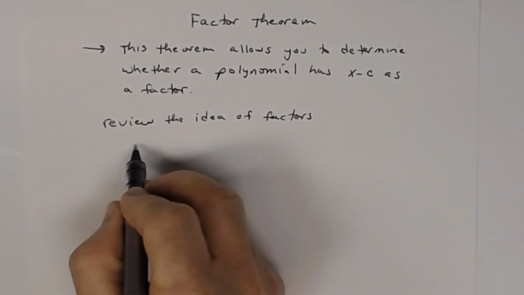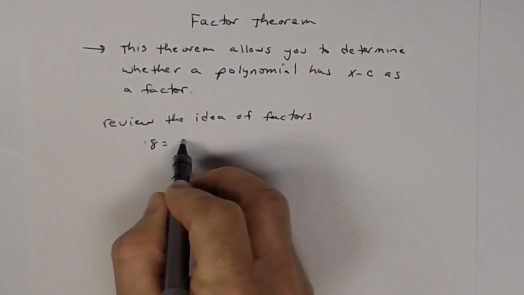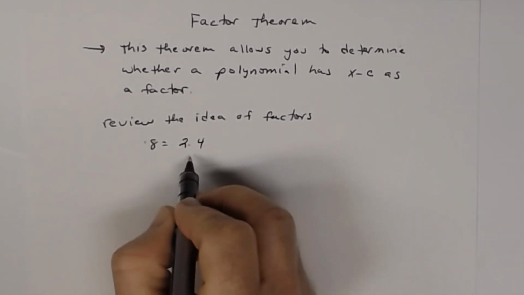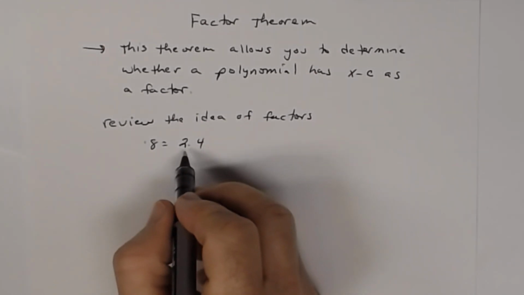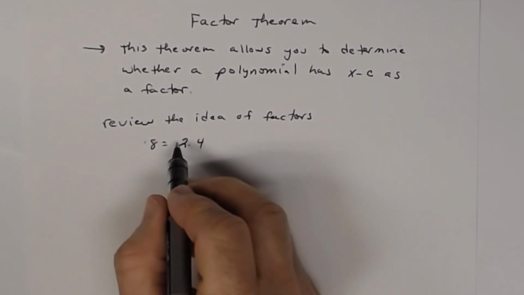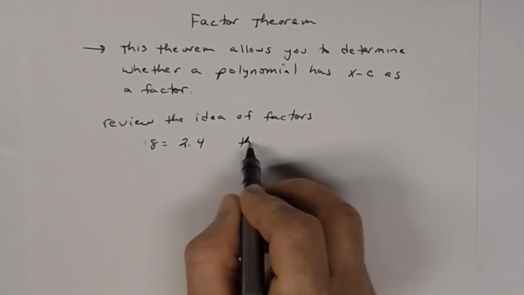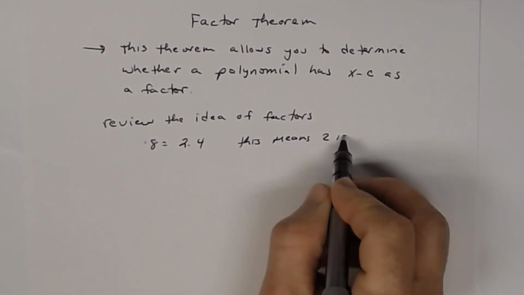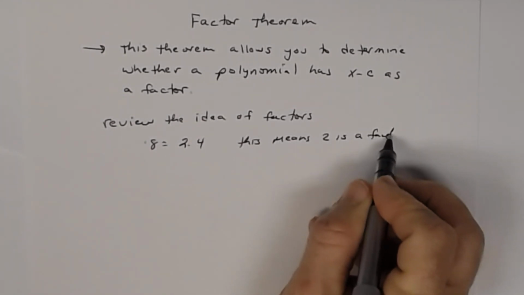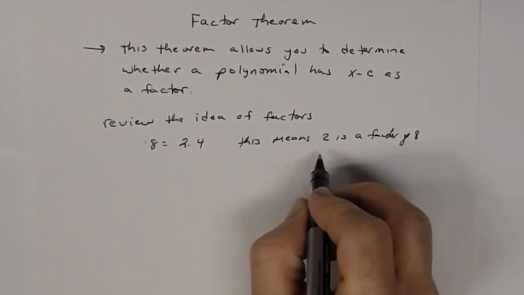So for example, if we look at 8, we know 8 is 2 times 4, right? So that means that if 8 equals 2 times 4, then 2 is a factor of 8, which also means 4 is a factor of 8.